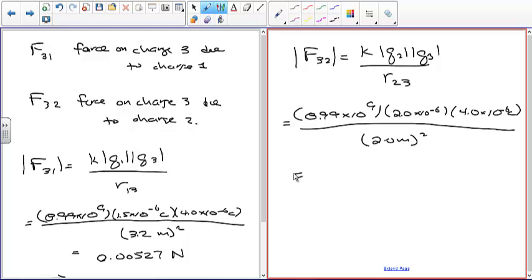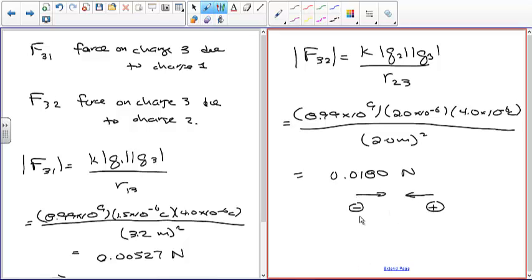So we've got 2 instead of 1.5, still 4. Distance is 2 instead of 3.2. So what I get is that the magnitude of the force is 0.0180 newtons. And in this case, we have a negative charge and a positive charge, and so those are attractive forces.